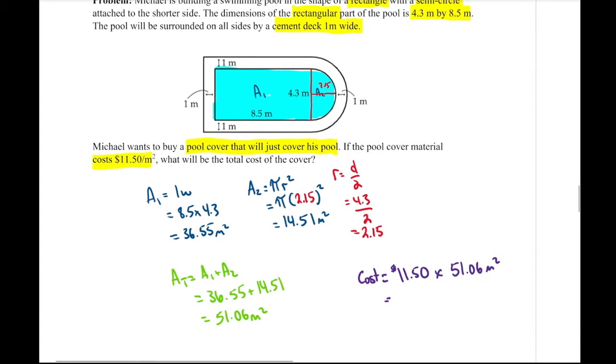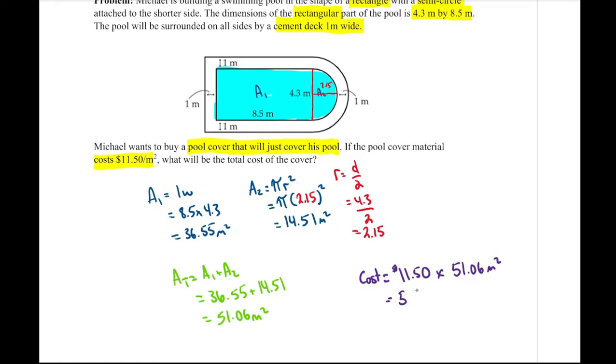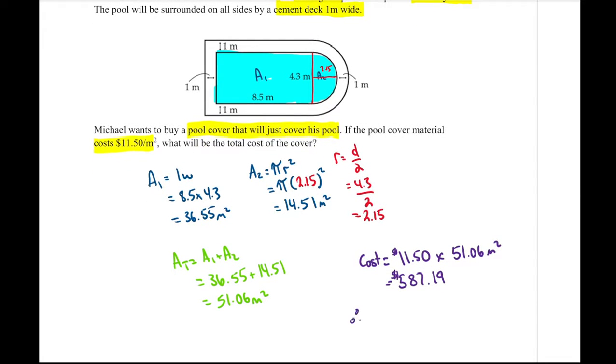And in the end, we should get an amount of $587.19. So therefore, the total cost of the cover is $587.19. That's the final thing that we need to calculate in terms of the question.